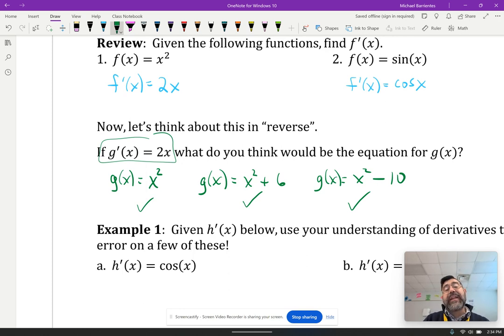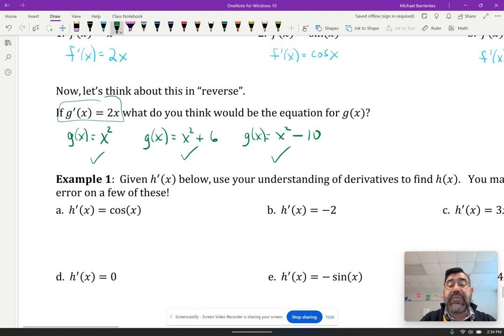So instead of writing all possible answers, what we do is write what we call a general solution and say the original function g of x could be x squared plus some constant. That constant could be a positive number, or a negative number that then transforms it into a subtraction situation. And so here we call this the general solution.